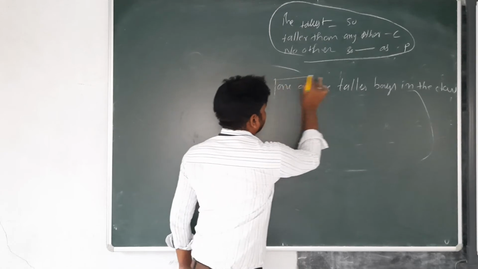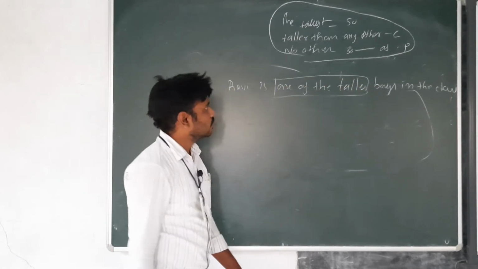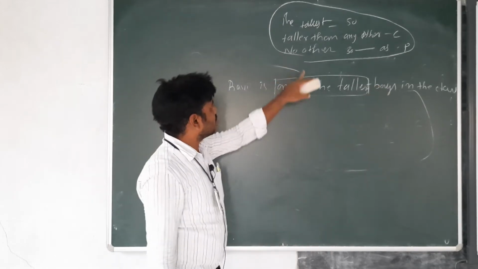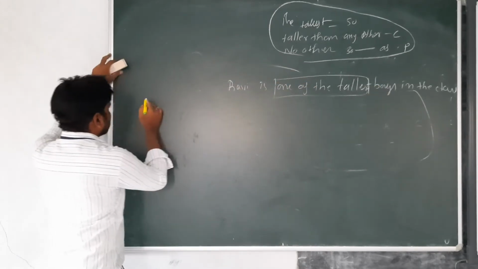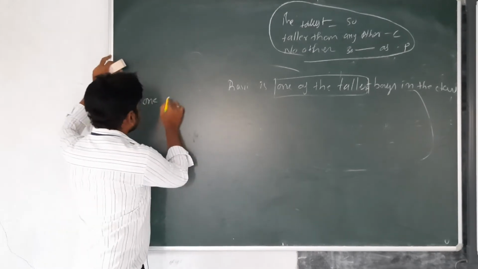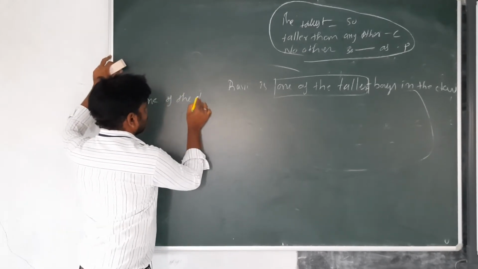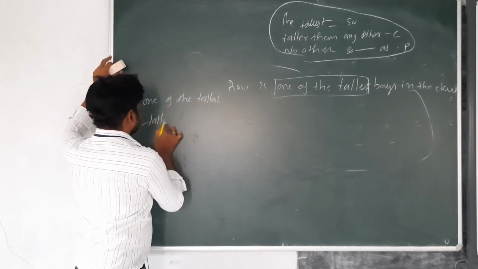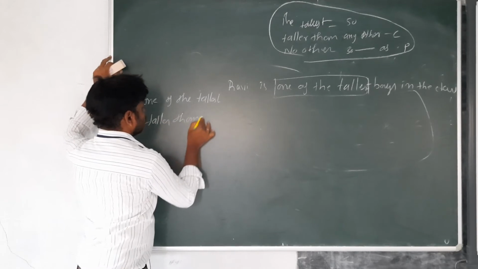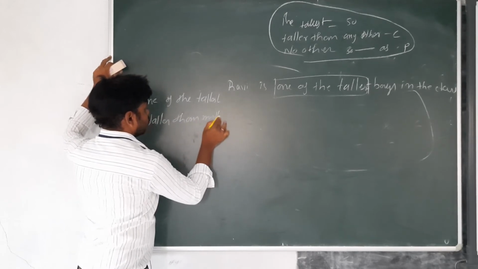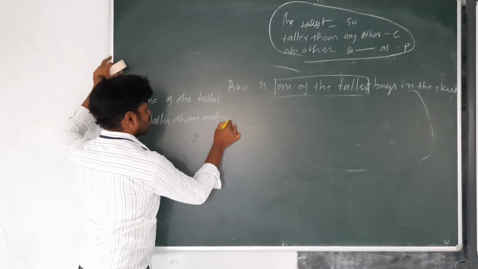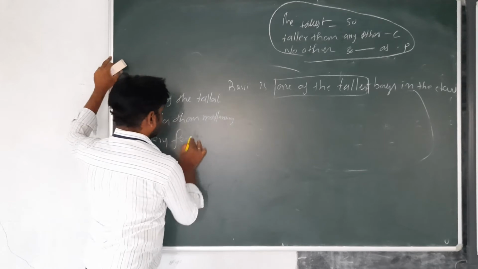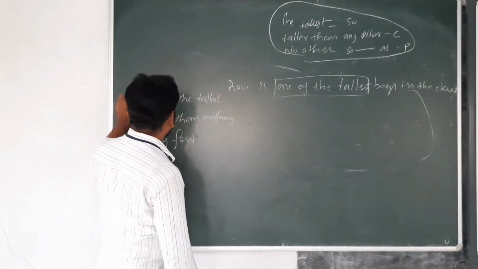So when we have to find out one of the tallest, now let us see, one of the tallest means we are writing one of the tallest. Next, taller than most or many other. Next one, very few.